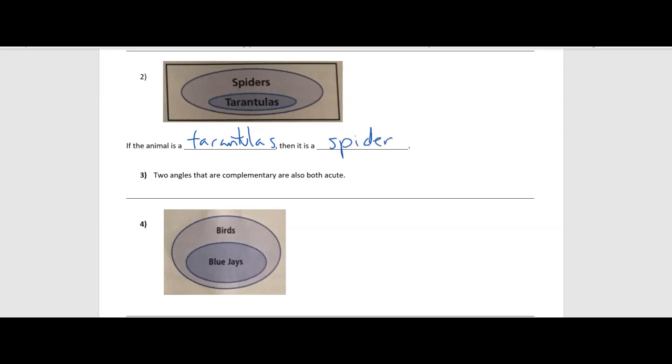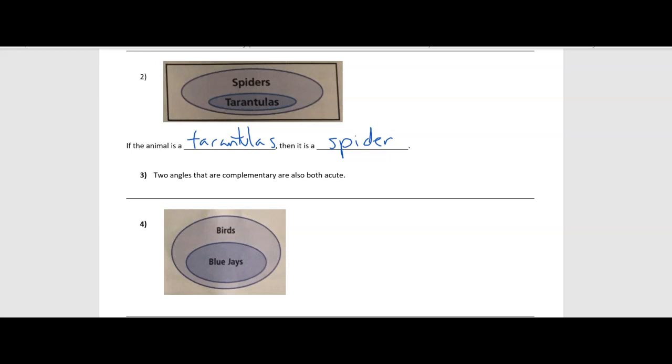And you could think about saying it the other way around and think about whether it would make sense that way. So you could say if the animal is a spider, then it is a tarantula. But that doesn't necessarily make sense, right? Because if the animal is a spider, then it could be a black widow, right? Or it could be some other type of spider instead of a tarantula. But if the animal is a tarantula, then it 100% has to be a spider.